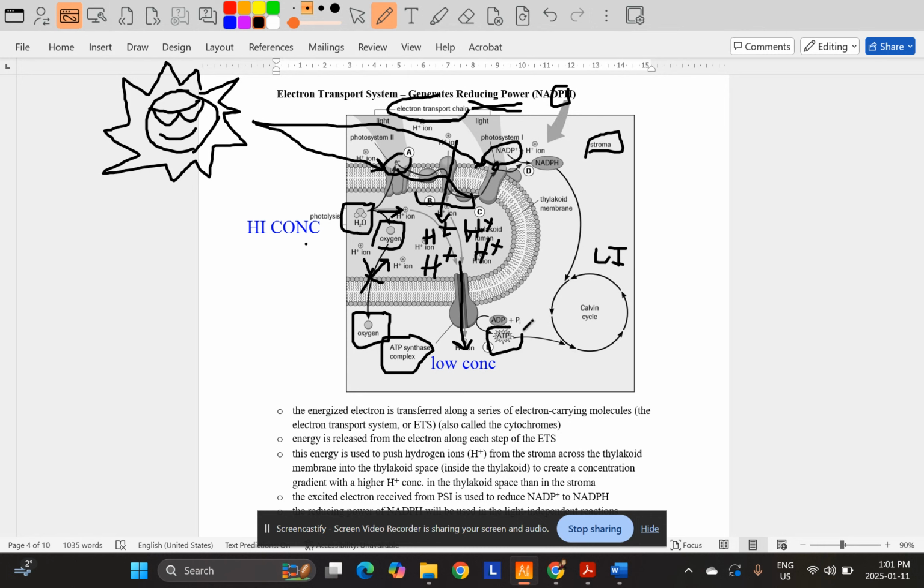Okay, so hydrogen ions moving through this ATP synthase is going from a high to a low concentration, and boom, ADP makes ATP, that high energy molecule. So guys, we have made two high energy molecules, NADPH and ATP, and both of these high energy molecules can now go to the light independent reactions and power the Calvin cycle in the stroma.